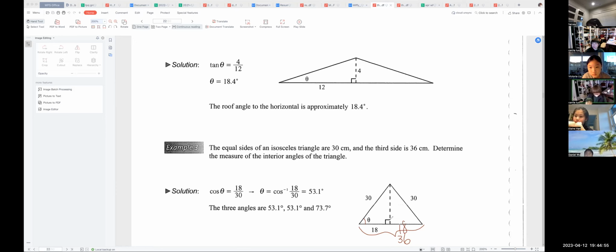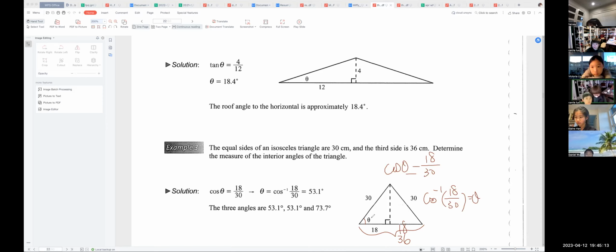And do I have to calculate this one? No, because I have adjacent and hypotenuse, which is cosine. So cosine theta equals 18 over 30. So cosine -1, 18 over 30 equals theta. You're just using the calculator to find out what theta equals.